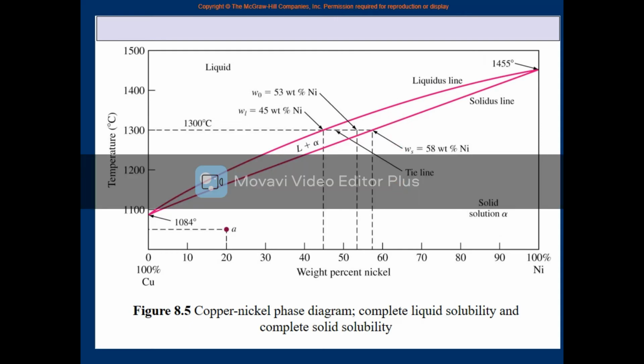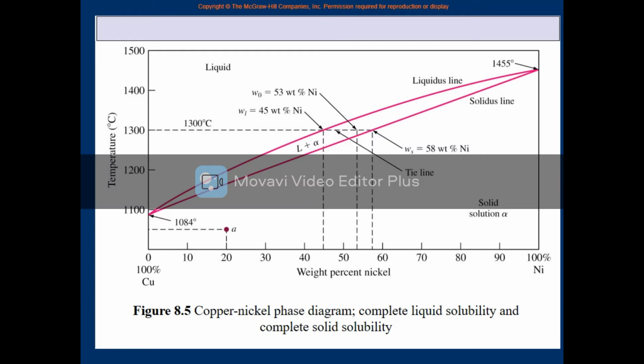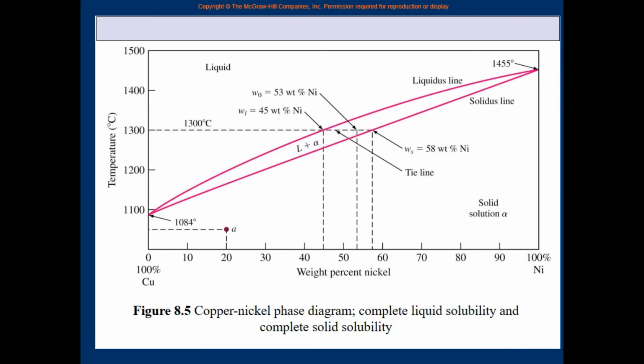Now if it was only copper or only nickel and we melt it, then we will say this is liquid. But when we have a mixture of the two, then there will be an issue. Because we have seen earlier that if you mix the materials, the two of them have different melting points or different freezing points.